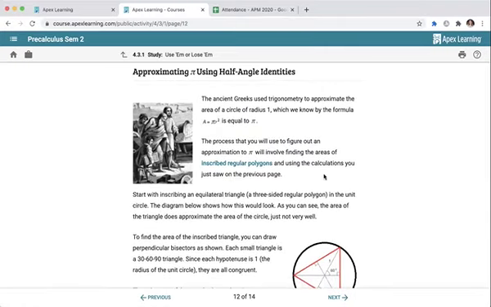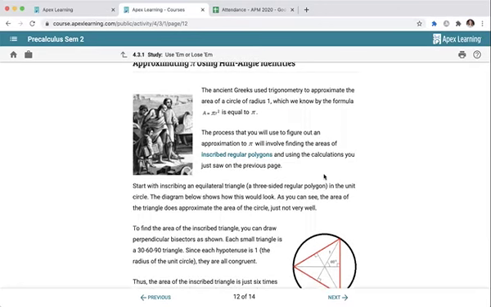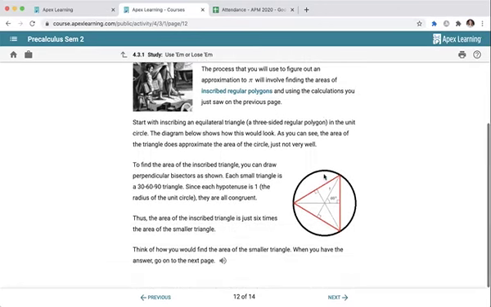Then you could even use this half angle identity to approximate the value of pi. I'll let you read that on your own here, but basically, you can fit a triangle inside of our unit circle. You can fit multiple triangles inside that triangle here, and you can then try to approximate this value of pi, since our radius for our unit circle is 2 pi.